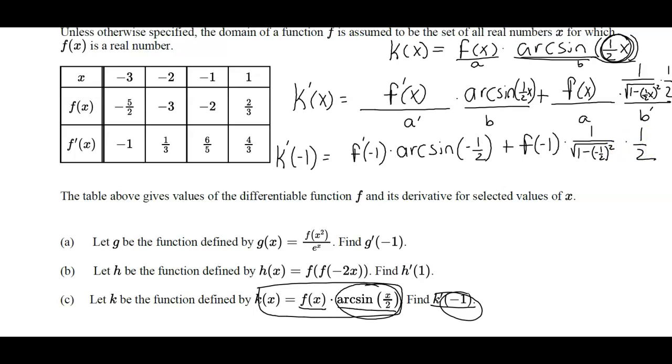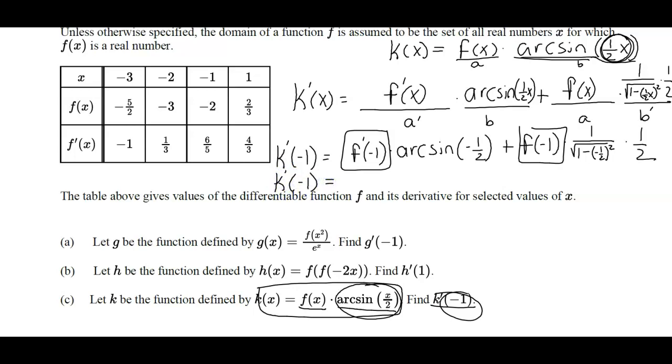So I plugged in my -1, and that was the result. Now, we're almost done. We just need to figure out what these f pieces are. You don't have to simplify anything else. You don't have to simplify the arc sine. You don't have to simplify the big square root thing over there. You can leave those alone. We just need to evaluate what the f's are.